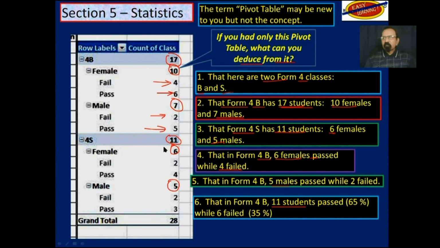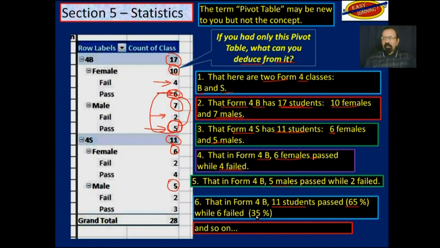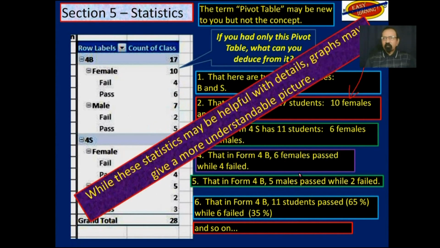That is to say, this 6 here plus this 5 here, those 11 passed, which is 65%, because it's out of 17. And of course, 6 failed. And so on. We can deduce more information. We haven't touched Form 4 Science yet in terms of details. But this is what you could get from a pivot table.